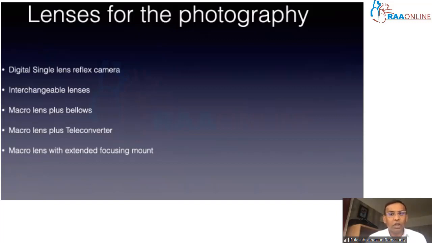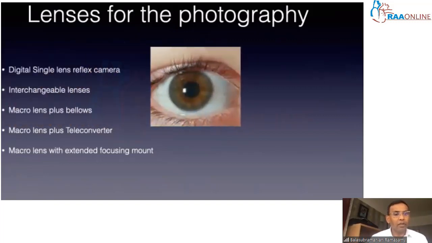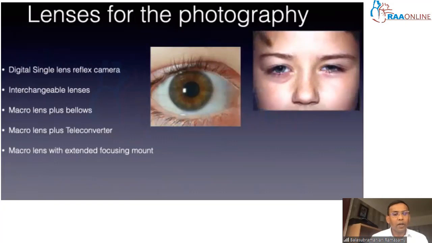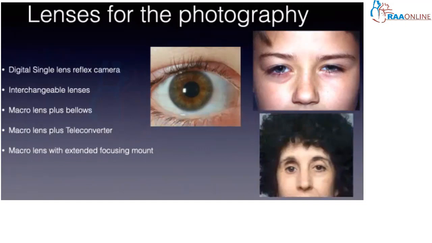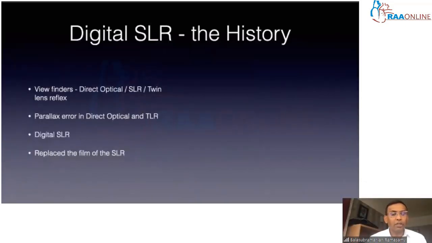The availability of interchangeable lenses have tremendously improved the ability to capture images in varying magnifications and widths, such as a single eye documentation with a macro lens plus bellows, a half-face documentation for bilateral eyelid pathology and proptosis documentation with a teleconverter, or for that matter a macro lens with an extended focusing mount to capture almost a full-face photography. The options are endless.